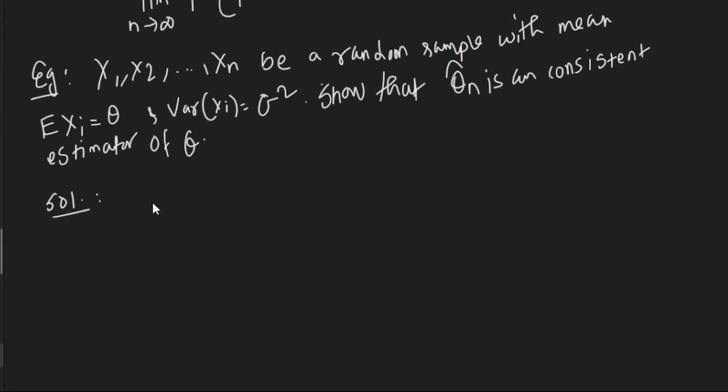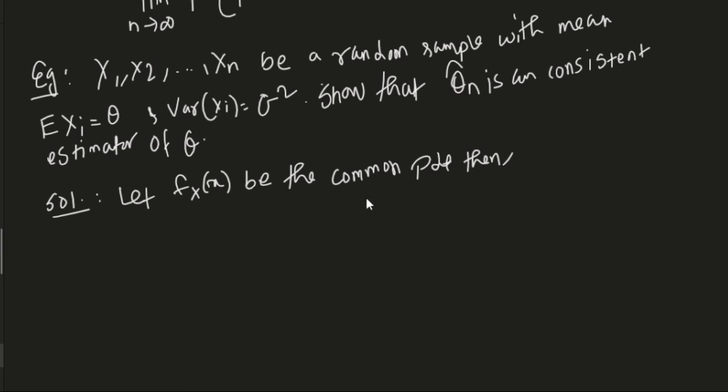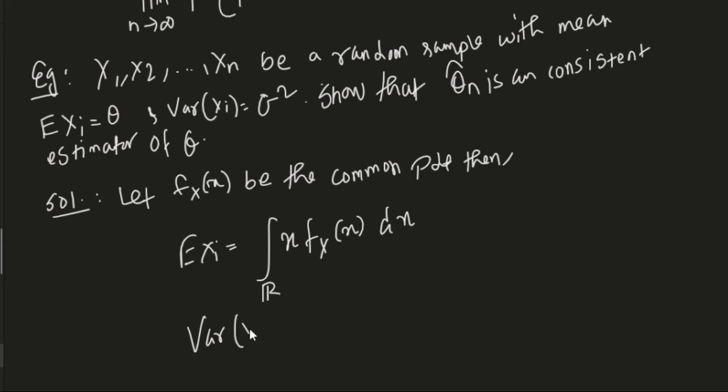And obviously we first do the integral definitions of this. Let f of x be the common PDF. Then E of xi is simply the integral of x f(x) dx, while the variance of xi is the integral of (x minus E of xi) squared f(x) dx.